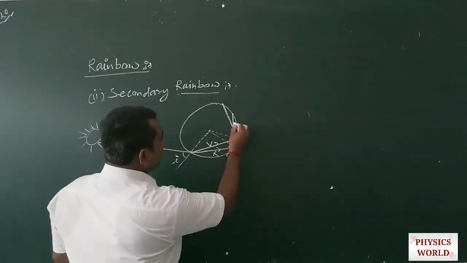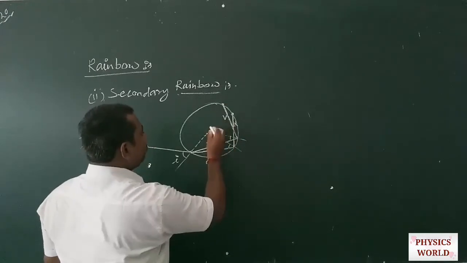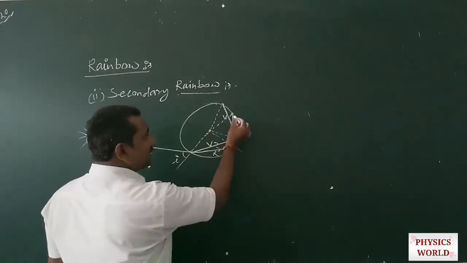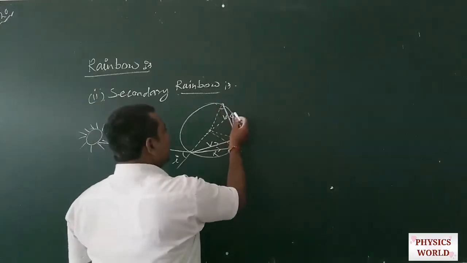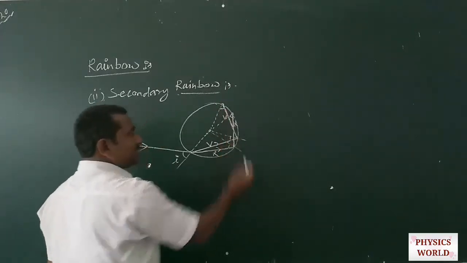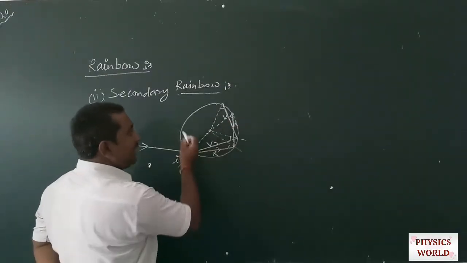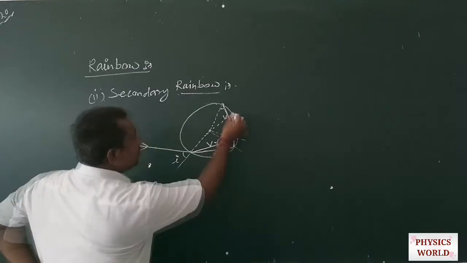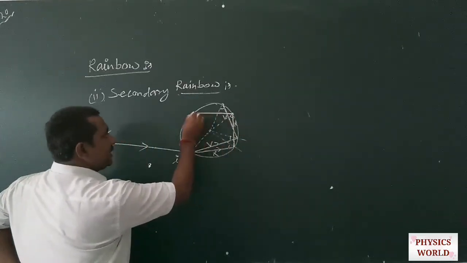So this one is the red color and this one is the violet color. If we join these 2 points, then again the angle of incidence is greater than the critical angle, so it again makes total internal reflection, and after reflection it reverses in the same medium.